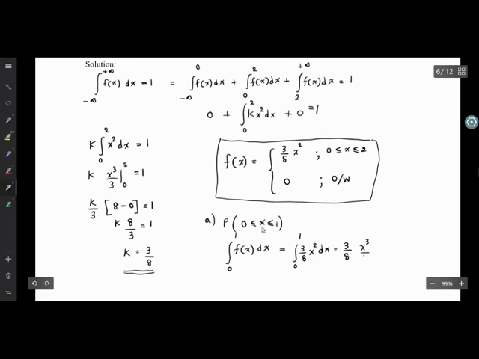And x square has the antiderivative x cubed over 3, from 0 to 1. And this 3 and this 3 will cancel out, so we have 1 over 8. X at 1 to the power 3 is 1, and at 0 it is 0. So the probability from x 0 to 1 is 1 over 8.